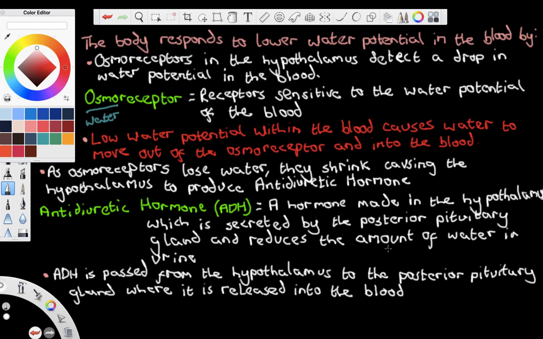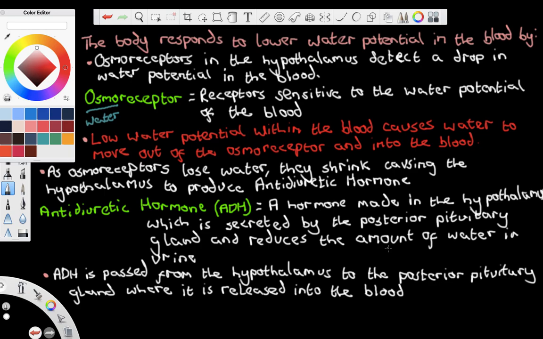So the body responds to lower water potential in the blood by osmoreceptors in the hypothalamus detecting a drop in water potential in the blood. Osmoreceptors are receptors that are sensitive to water potential of the blood. Low water potential within the blood causes water to move out of osmoreceptors and into the blood.